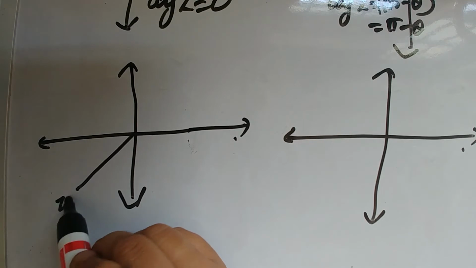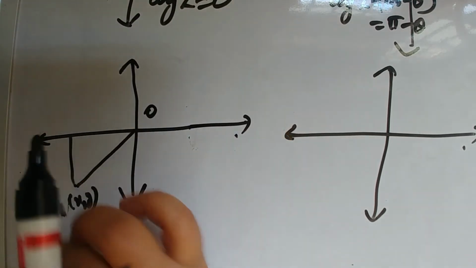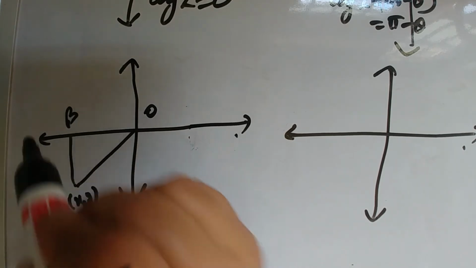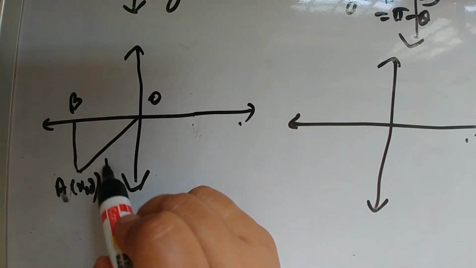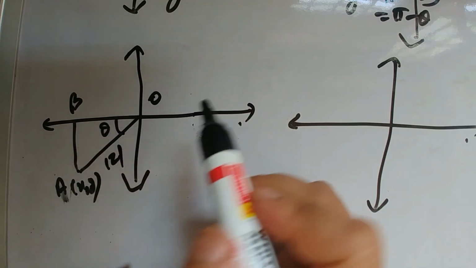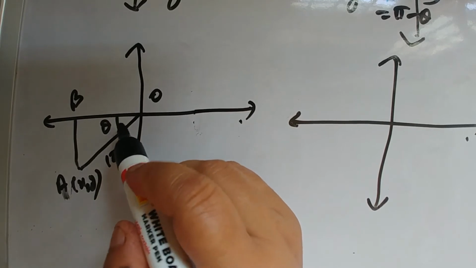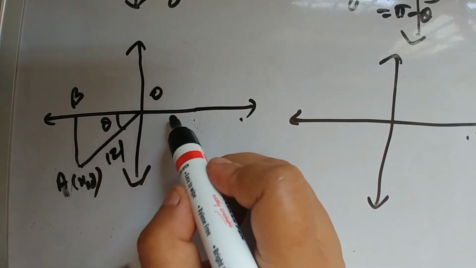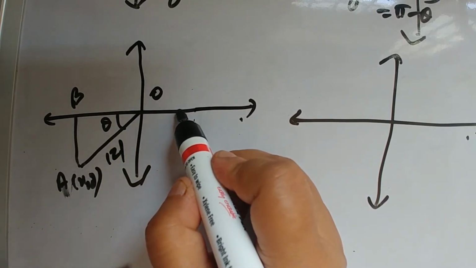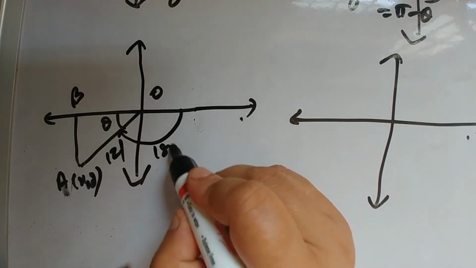Now the situation is, my z is here, this is O, say this is A, this point is B, and this is the mod of z. So now this is theta, as is clear. But as I'm in the downward direction, going anti-clockwise, 180 minus theta is this. Can you see?